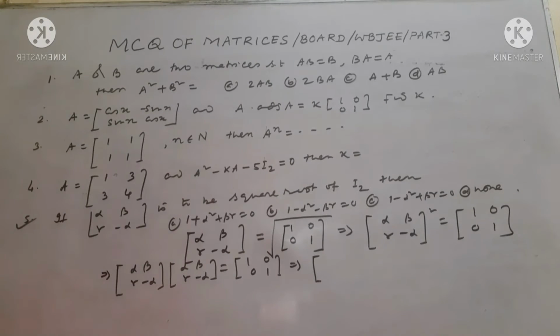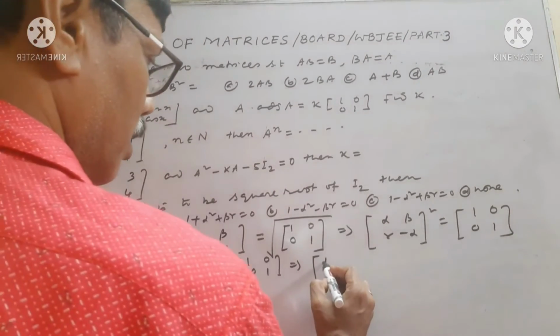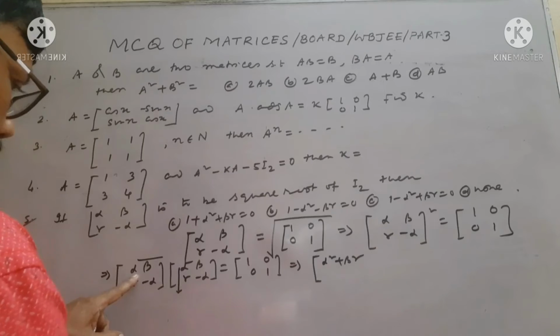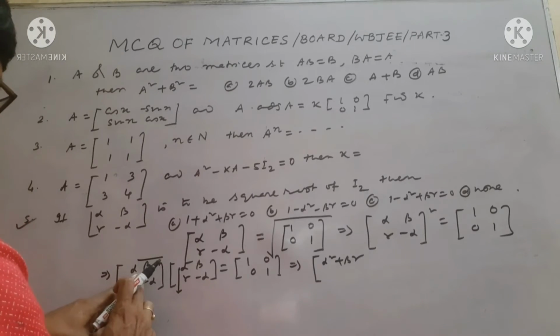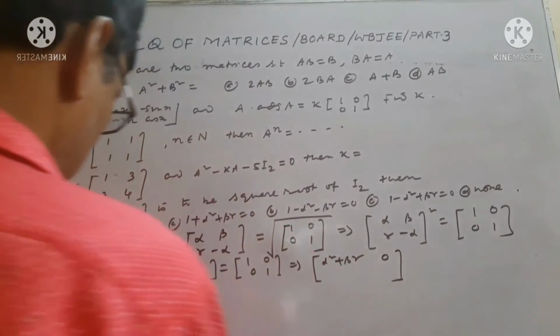Multiplication of matrices, row versus column: alpha square plus beta gamma, then alpha beta minus alpha beta, which is 0.